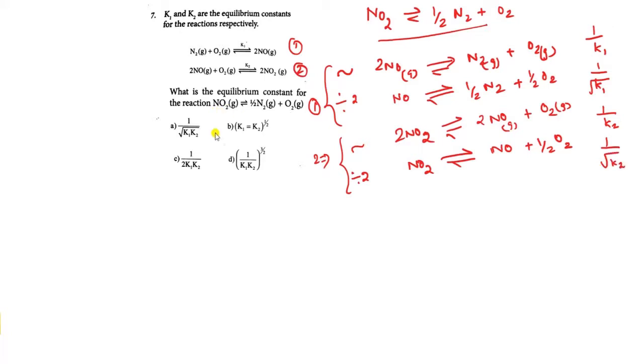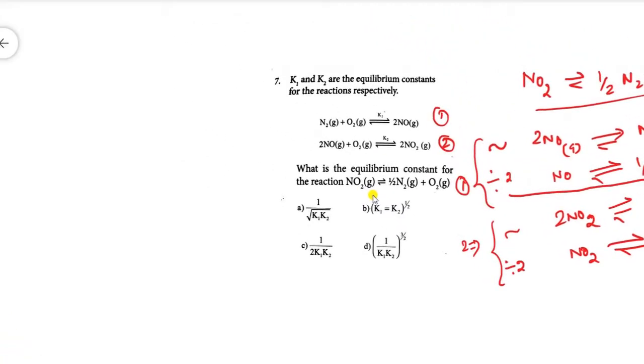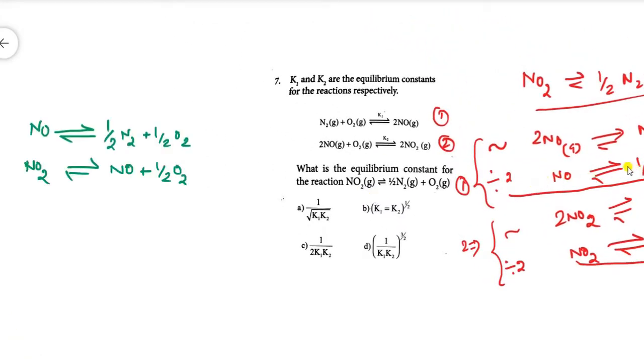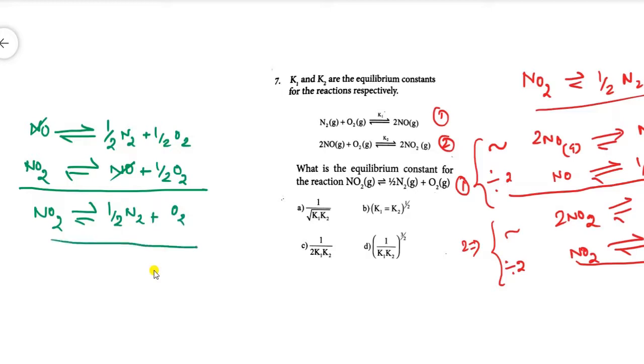To obtain the required equation, we have to add the two modified equations, this and this. By adding these modified equations, the NO in opposite directions cancels. So you get NO2 gives half mole of nitrogen plus 1 mole of oxygen. So this is the equation you got.